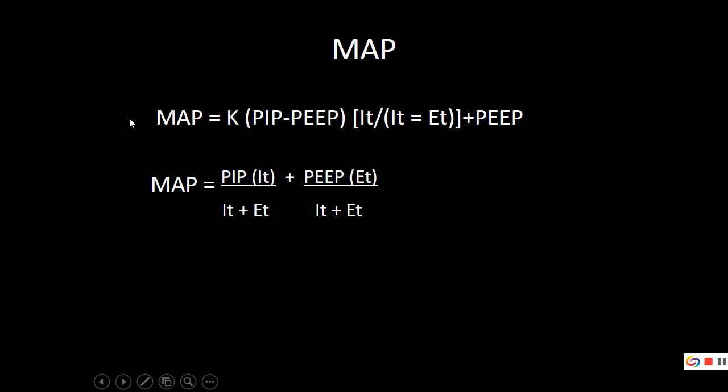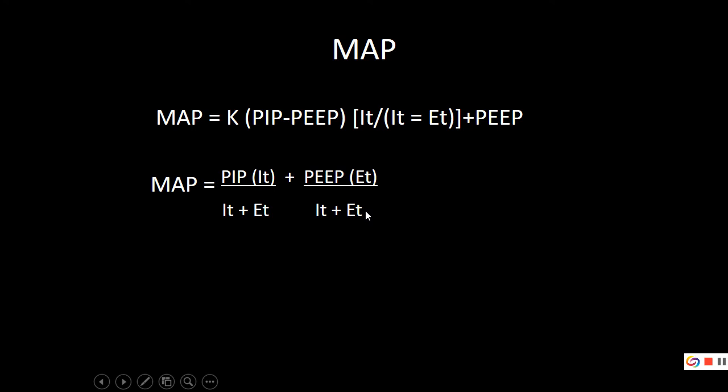I think that's supposed to be a plus. Anyways, this is the equation. This is a simplified version: your PIP times your I time over your I time plus your E time, plus your PEEP times your expiratory time over your I time plus your E time.